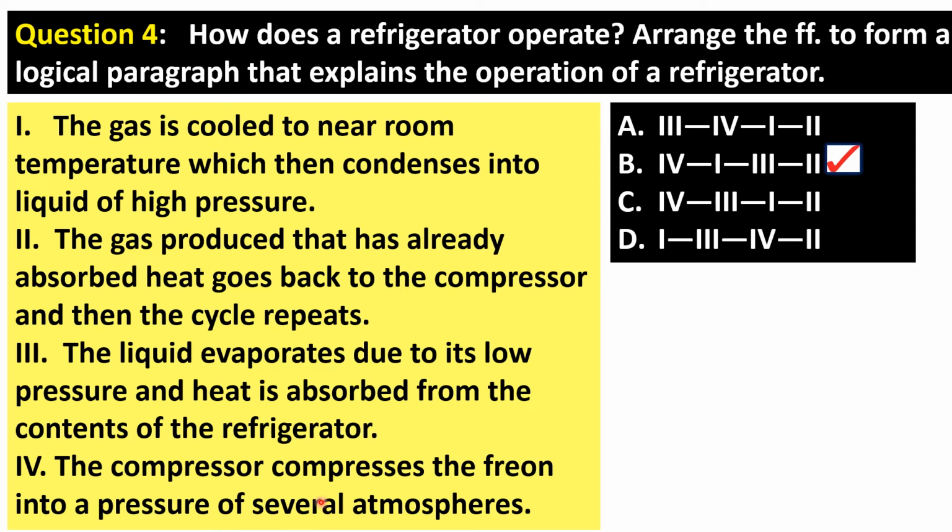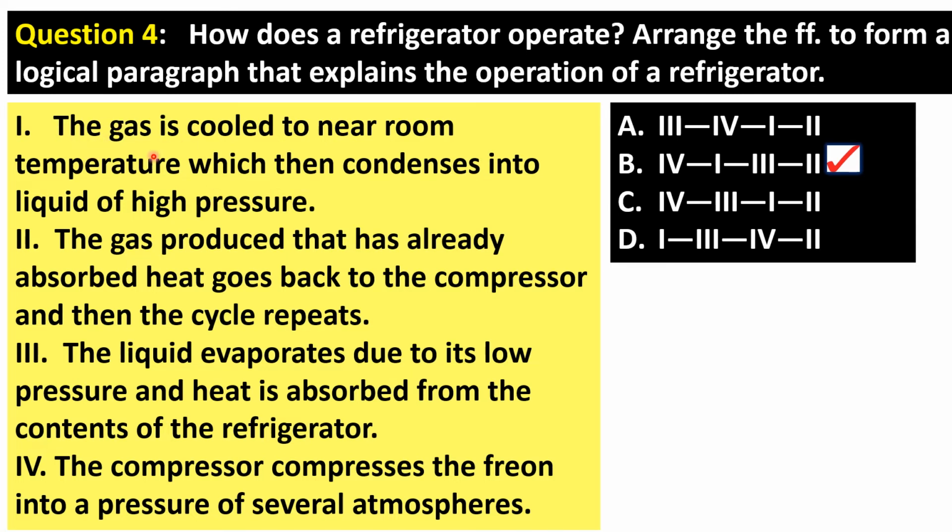We start with the fourth statement here, which says the compressor compresses the freon, or the refrigerant, into a pressure of several atmospheres. And then the gas is cooled to near room temperature, which then condenses into liquid of high pressure.